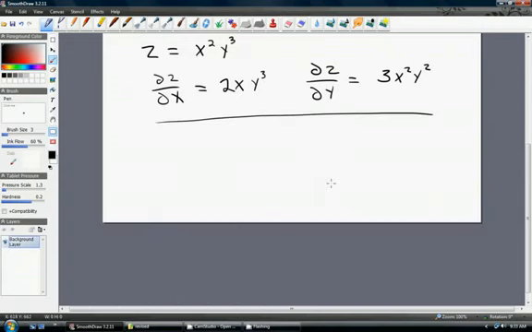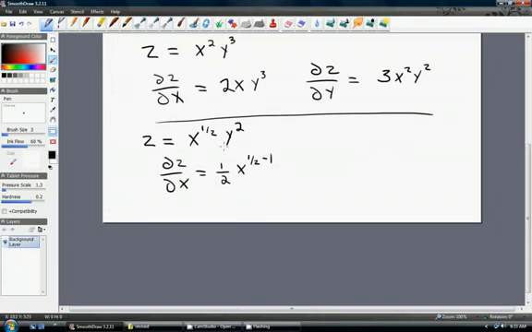Let's do another example. z equals x to the 1/2 power multiplied by y squared. Partial derivative of z with respect to x. Okay, we're going to bring down that 1/2 from the x.